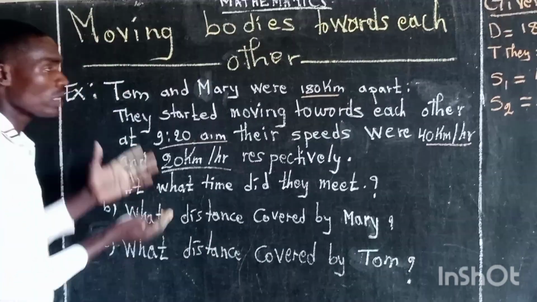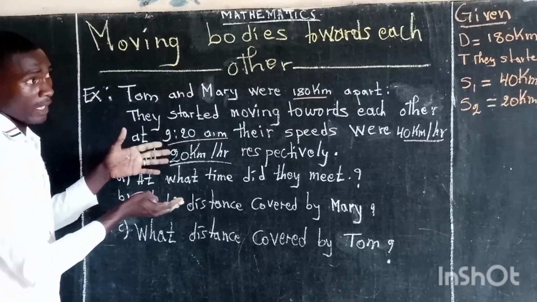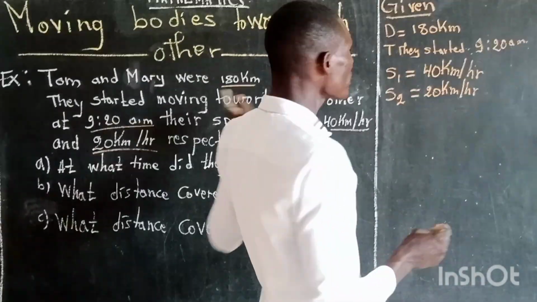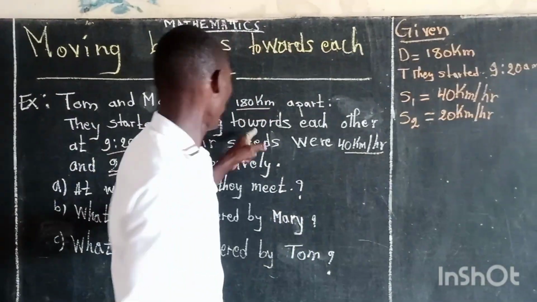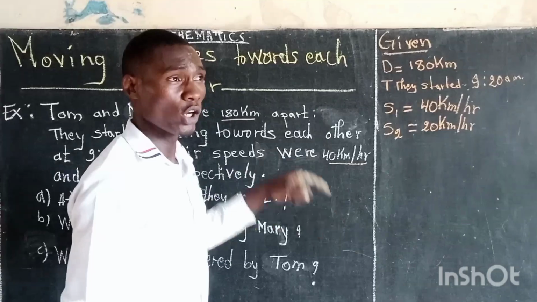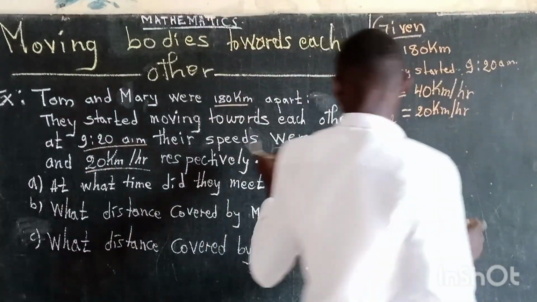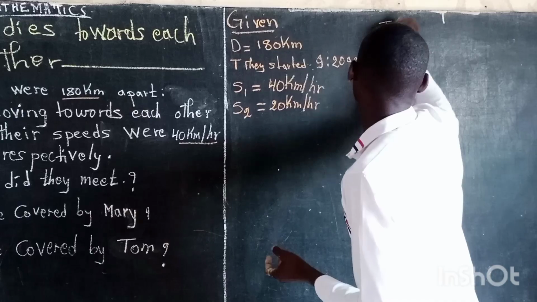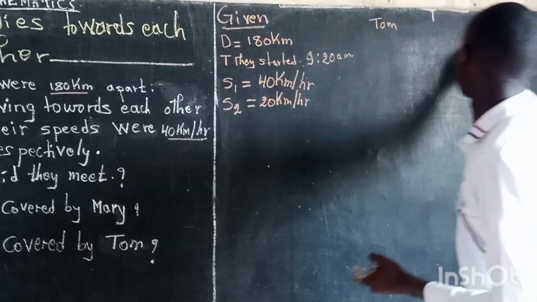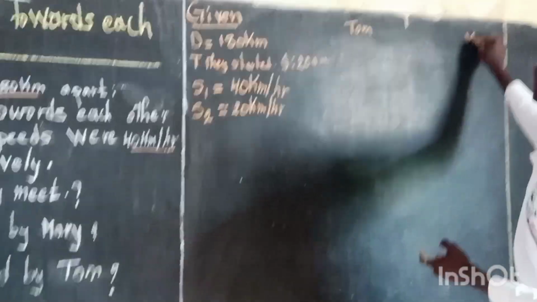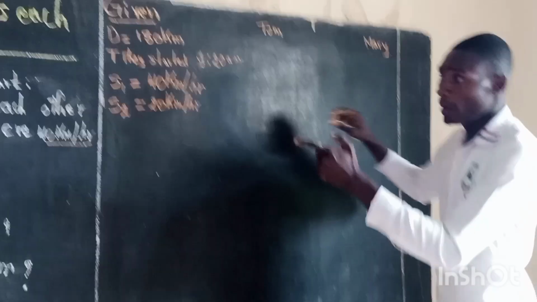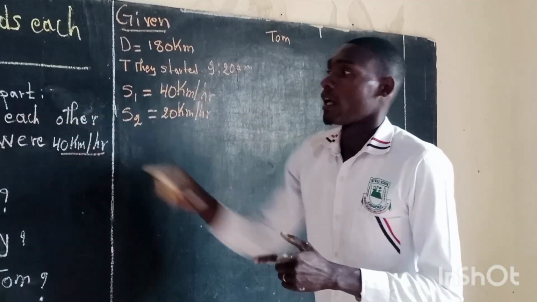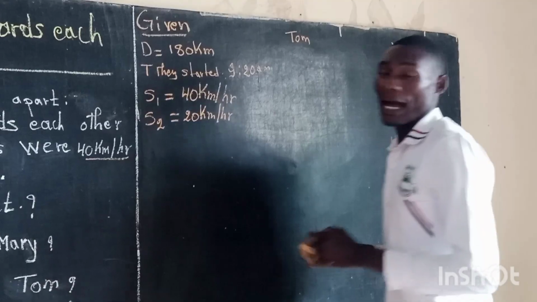We are just going to put these things in practice. Let us see. The question said that Tom and also you write Mary here. Remember that as the question states, they are 180 kilometers apart.